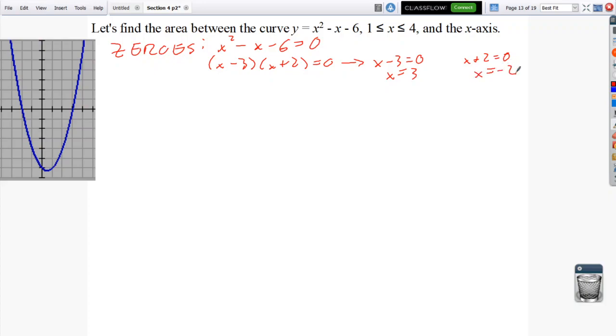For our two zeros, to calculate the area, what we need to keep in mind is that the area changes from negative to positive or positive to negative at 3 and -2.